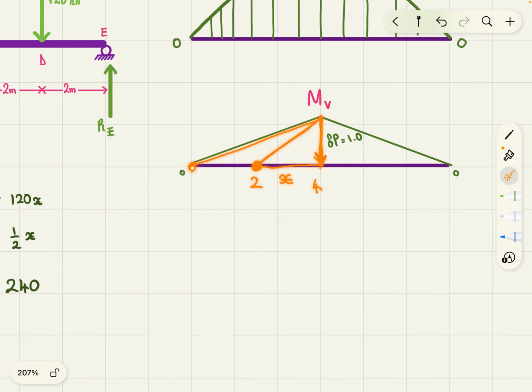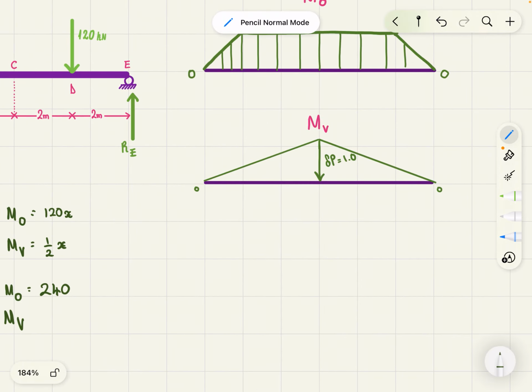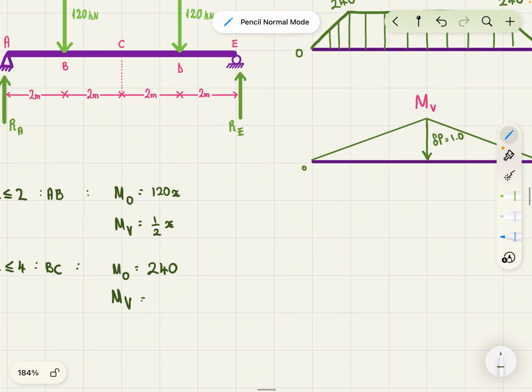It starts acting at the beginning of our structure. So we're going to do the virtual force of 1 times the distance x, but we're going to have to subtract the 0.5x, which is also acting in our interval. So we get 1.0x minus 0.5x, which is 0.5x.